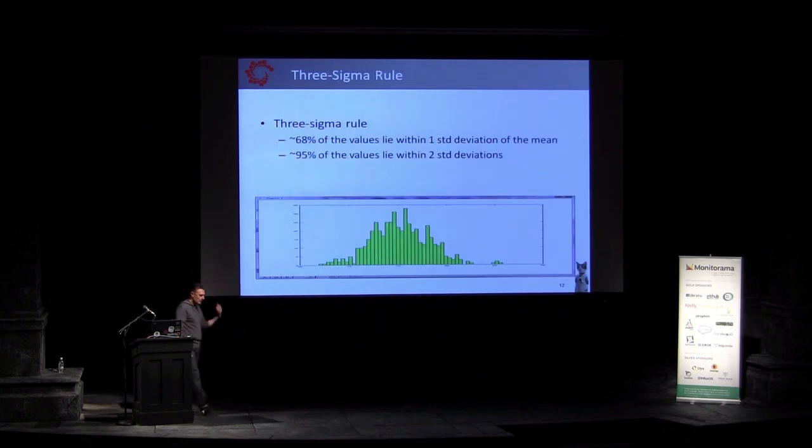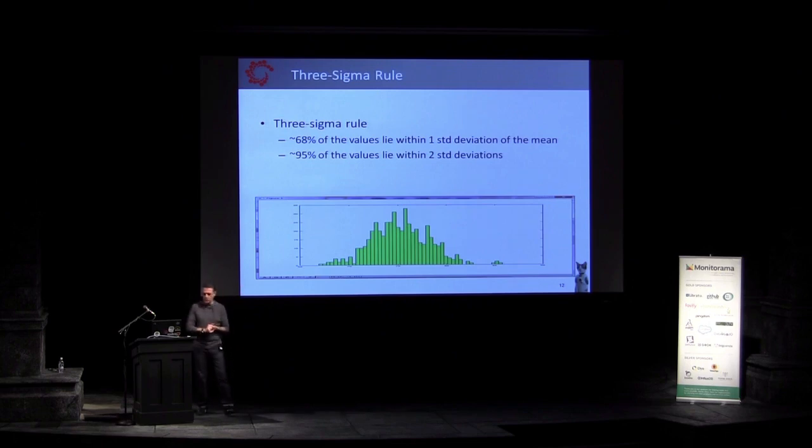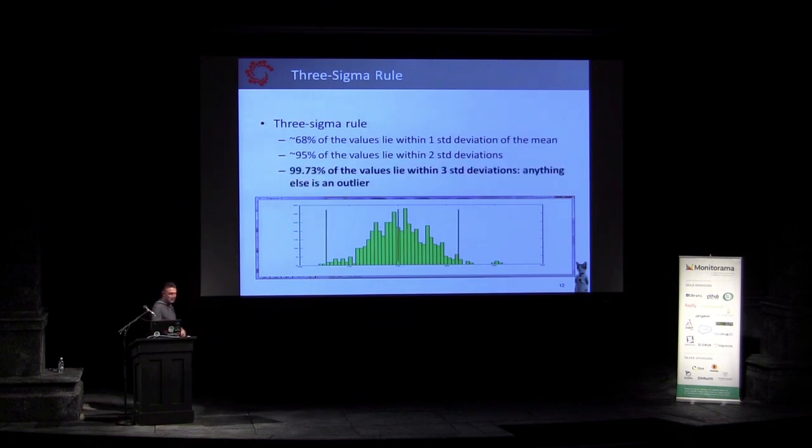So when I have data that looks like that, everybody's heard of the 3 sigma rule. Everybody nod, please. Okay, good. The 3 sigma rule means that if you look at a mean and standard deviation, typically in the bell curve, 68% of the values lie within 1 standard deviation of the mean, 95% of the values lie within 2 standard deviations, and 99.73% of the values lie within 3 standard deviations of the mean.